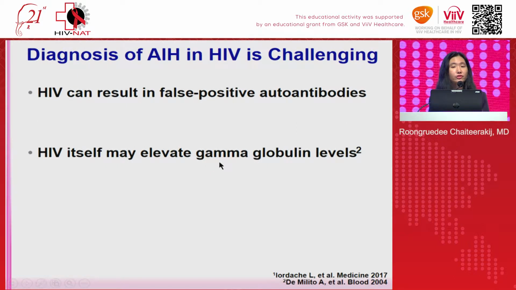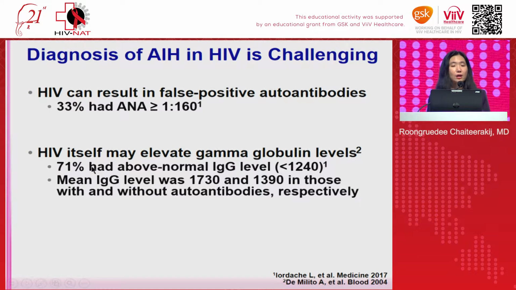cause elevation of gamma globulin, and also it can cause false positive autoantibodies. There's one cohort study of almost 100 HIV patients, and they looked at the proportion of HIV patients who have positive autoantibodies, and they found that up to 1/3 of patients had ANA positive at high titer.